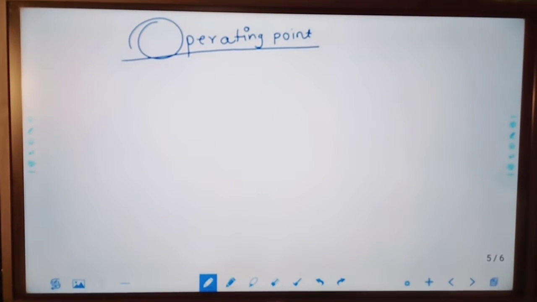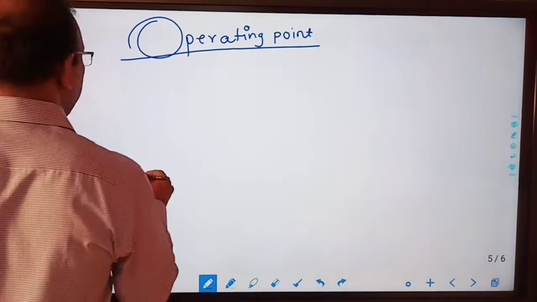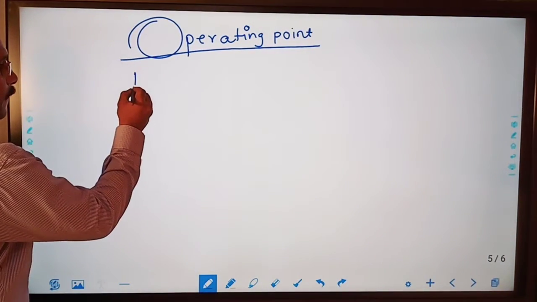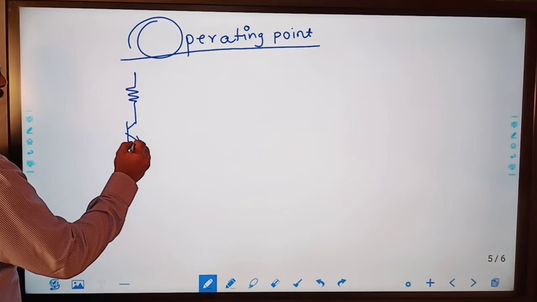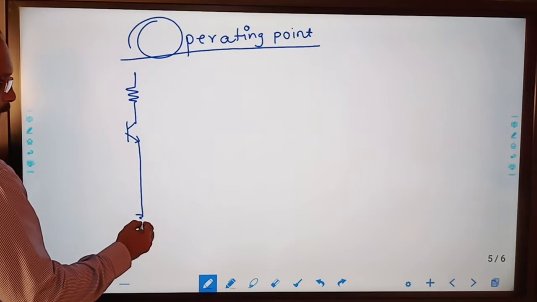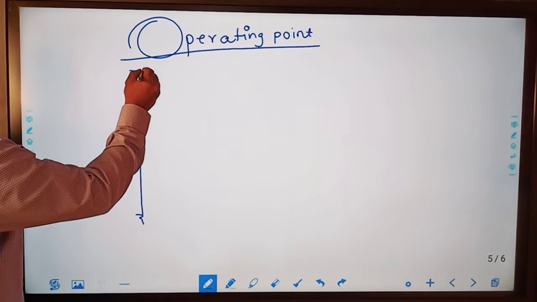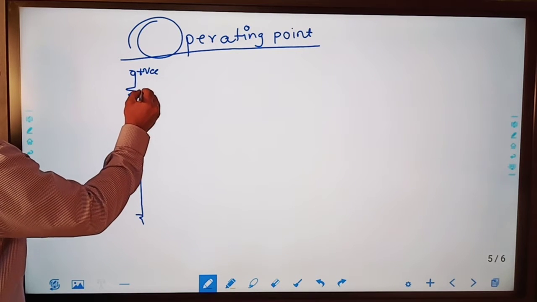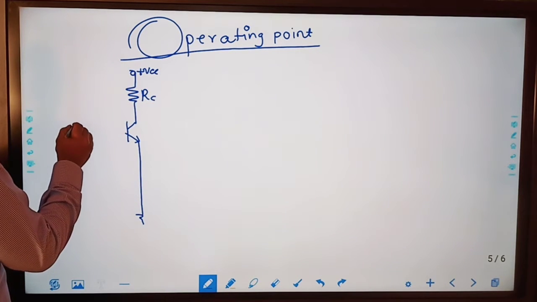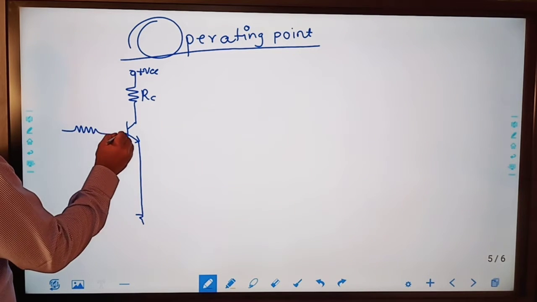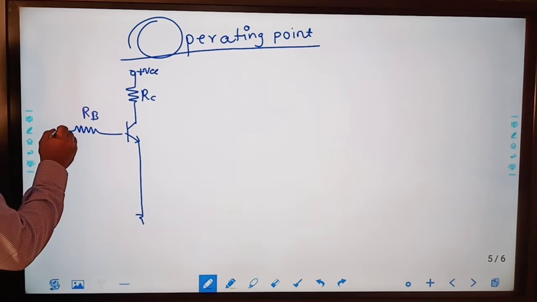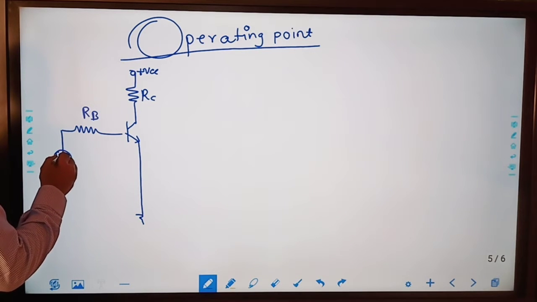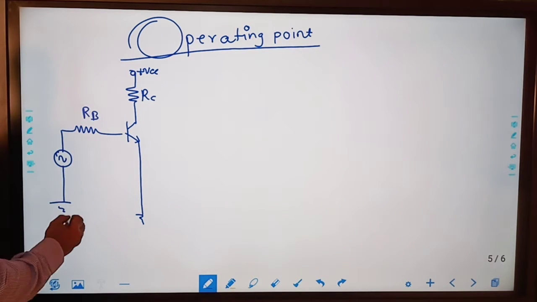Now the transistor, if I draw, this is a transistor amplifier. Okay, I want to compare this with biasing and without biasing.